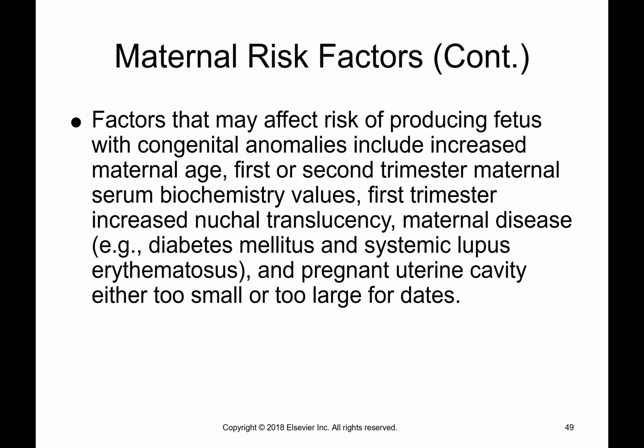If a patient has maternal disease such as diabetes or lupus, they have a higher chance of multiple different anomalies. So just knowing this kind of information will help us to zone in on what we need to look at. Like with diabetes, a patient has a higher risk of multiple different things. One of those things, type 1 diabetes for sure, is a heart defect.